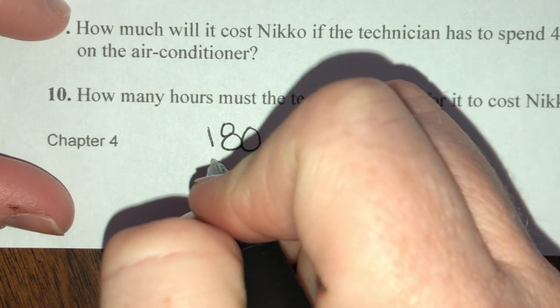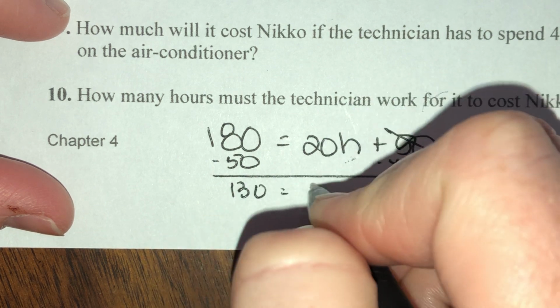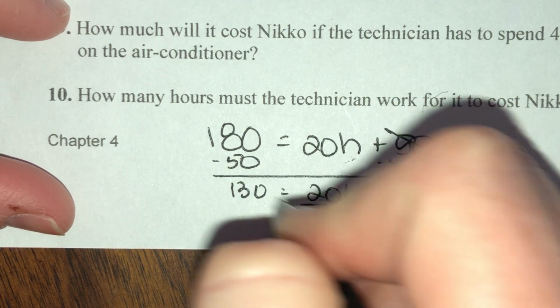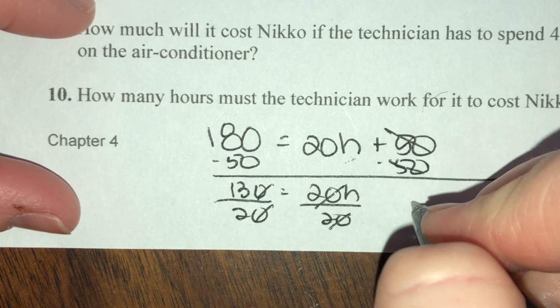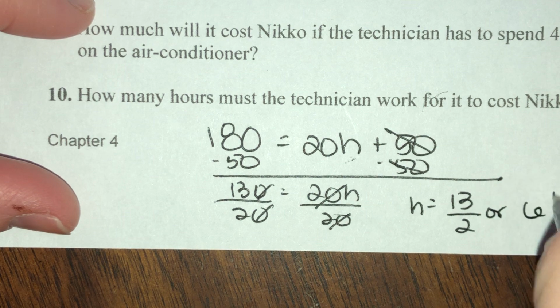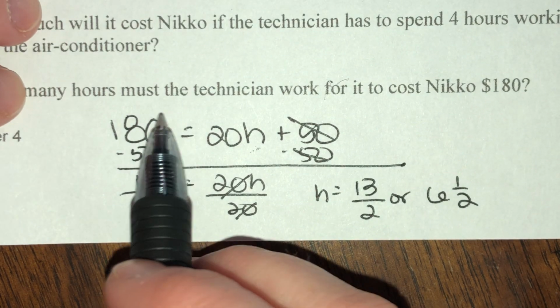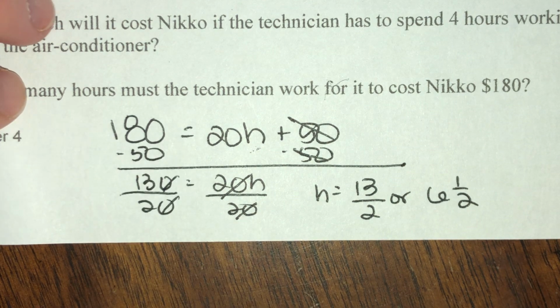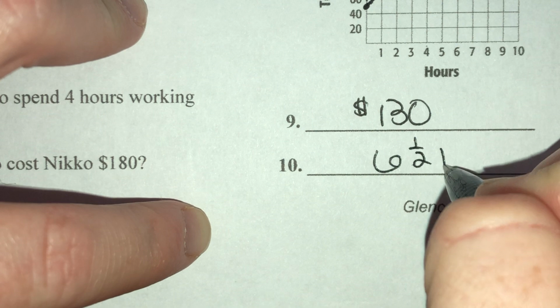Let's subtract 50. 130 equals 20H, divide by 20. The zeros go away, so H equals 13 over 2, or 6.5. They'd have to work about 6.5 hours for a $180 bill.